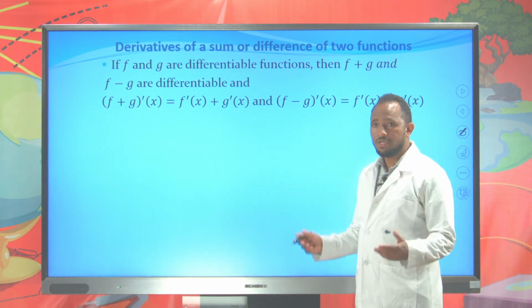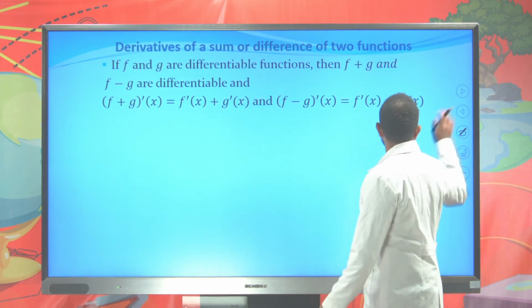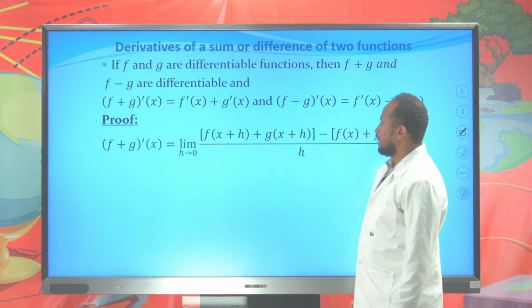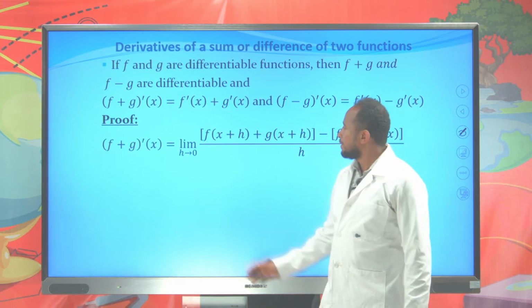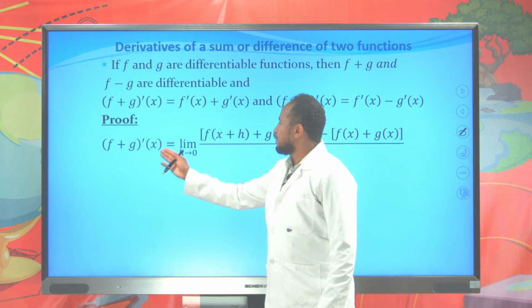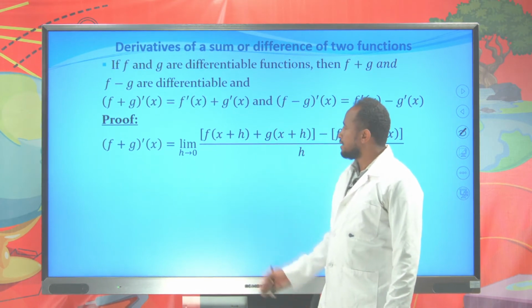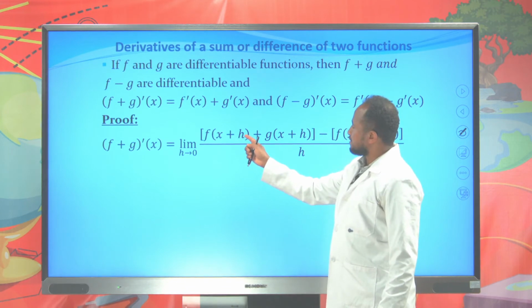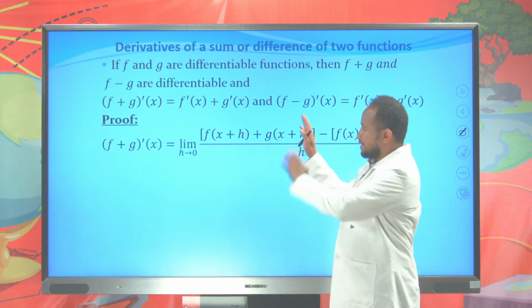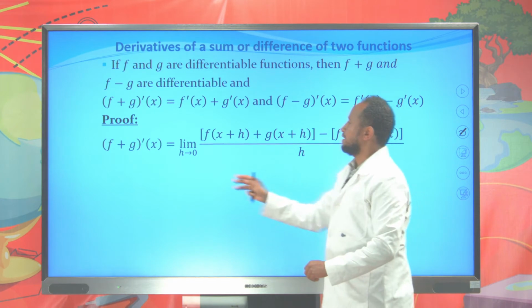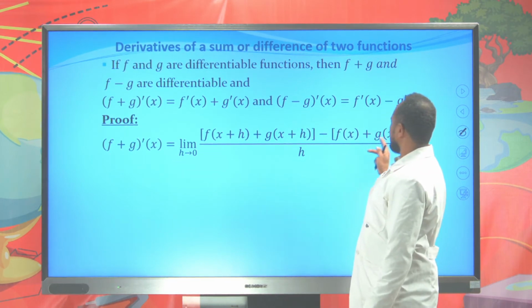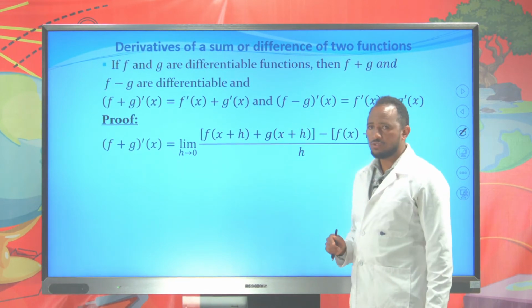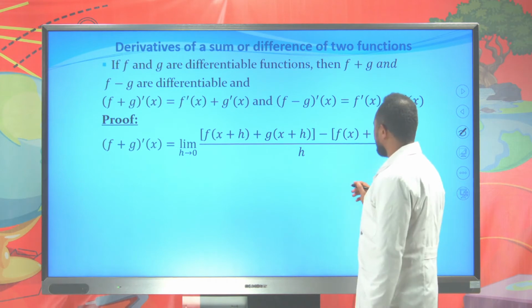So let's see the proof of this. Look at this one. The derivative of f plus g at x means the limit of f of x plus h plus g of x plus h minus f of x plus g of x over h, where h goes to 0. I hope you remember this one.